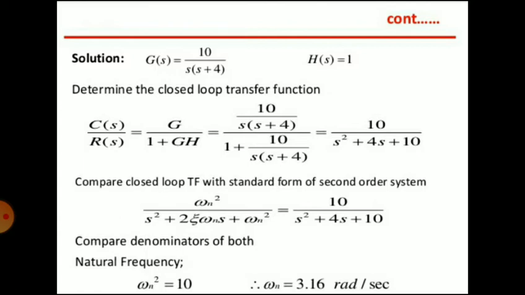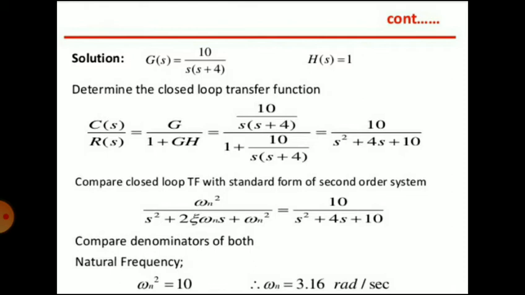After simplification you will get C(s) upon R(s) equal to 10 upon s square plus 4s plus 10. Then compare this closed loop transfer function with the standard form of a second order system.